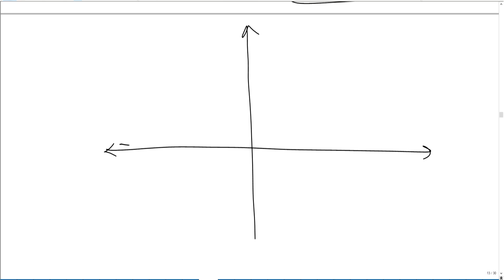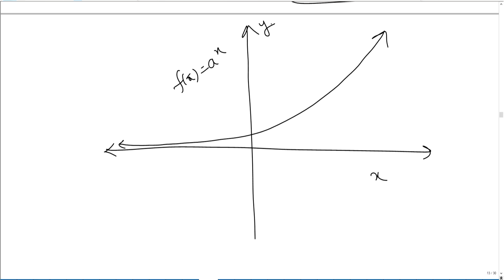The graph of a to the power x would look something like this. This is f of x equals a to the power x. You have x here, you have y here. This is how the graph of the exponential function e to the power x looks. Depending on the value of a, it would have a certain rate of increase. Now, how do we draw the graph of the inverse function?